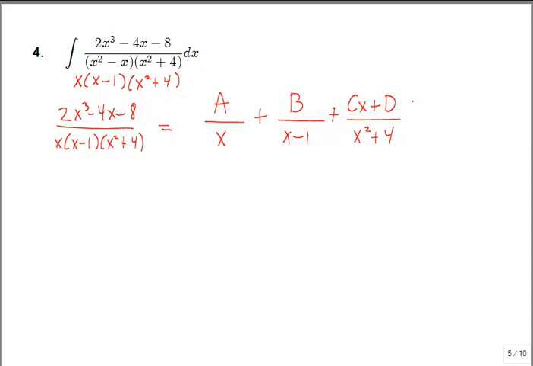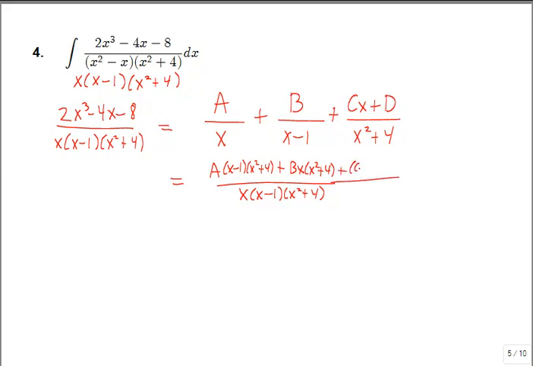Okay, so the way that I do that is by getting my common denominators. So the common denominator is obviously going to be all 3 of these multiplied together. So the a has the x, it's missing the other 2. The b has the x minus 1, it's missing the x and the x squared plus 4.